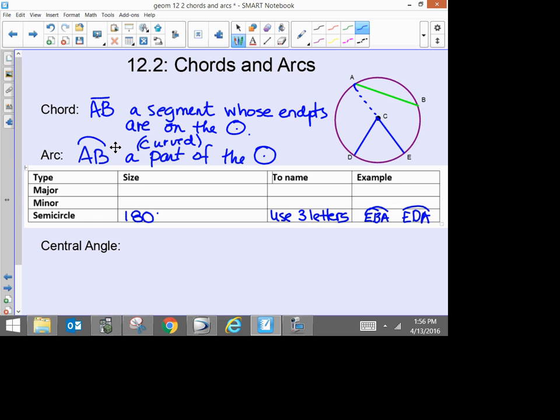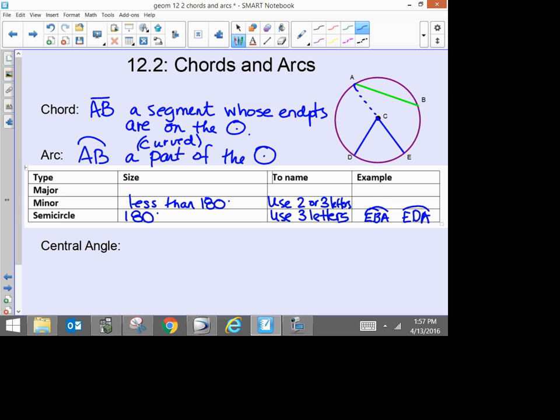What size is it? Yes, she did. All right, to name it, how many letters do we need? 2. You can use 2. You can use 3. If 2 is clear, use 2. There's no point in muddling that.